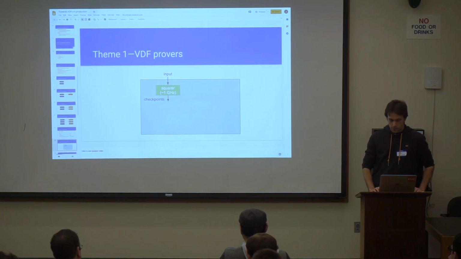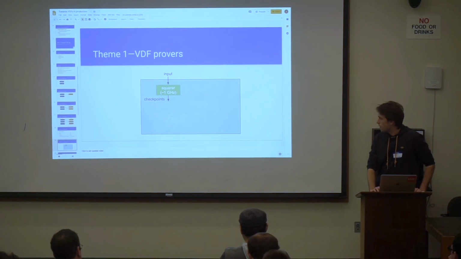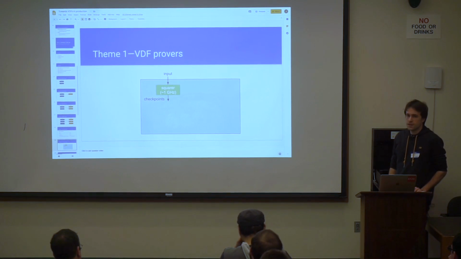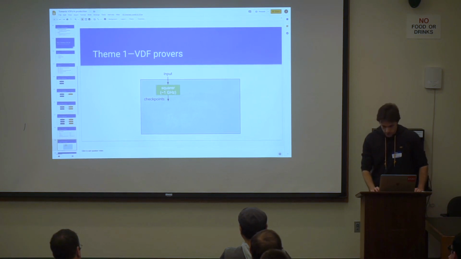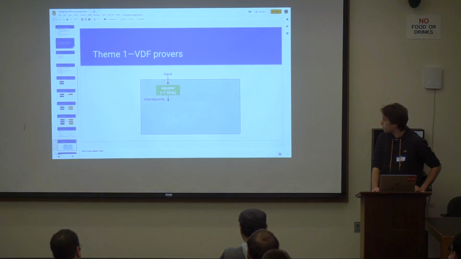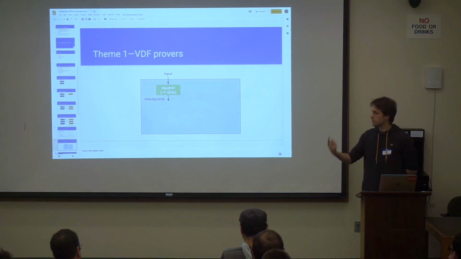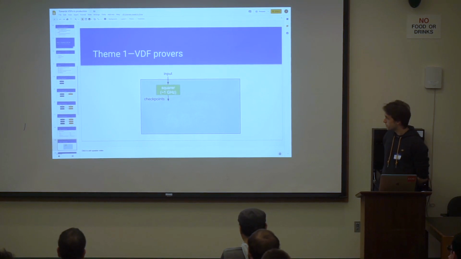So let me just briefly give you an architecture diagram of a possible candidate for the VDF ASIC, so that you can get a little bit of flavor. So we have this squarer, which is going to be the repeated squarer, the evaluator, and it will run roughly at 1 gigahertz.